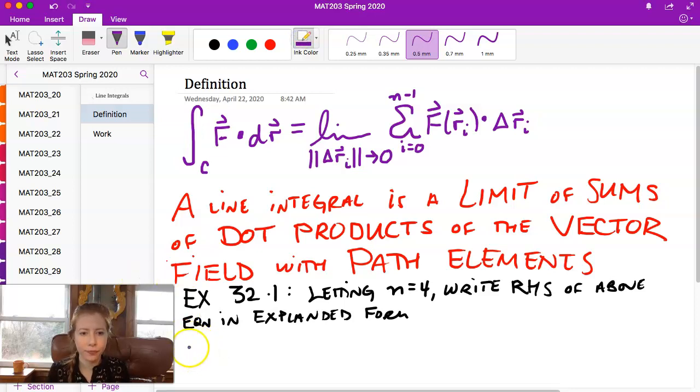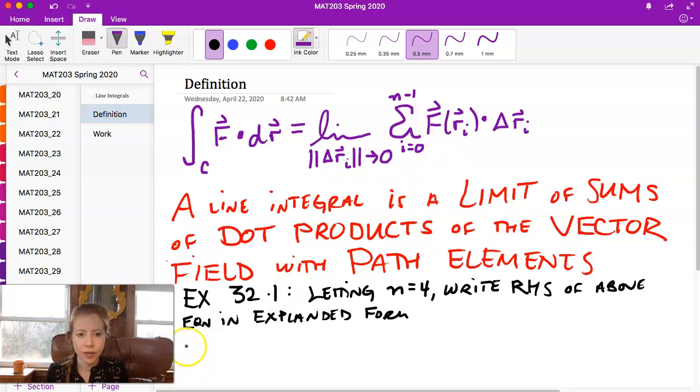So the limit as we approach 0 of the sum, which is going to be f evaluated at, so actually let's just erase the limit. Let's just write this out in expanded form. So this inside part.